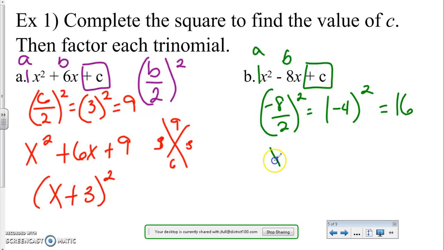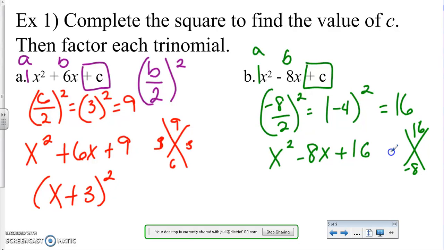So my perfect square trinomial is x squared minus 8x plus 16. So when I factor this, 16 goes on top and negative 8 goes on bottom. So the two numbers that multiply to give me 16 and add up to negative 8 are negative 4 and negative 4. So I have x minus 4 squared.